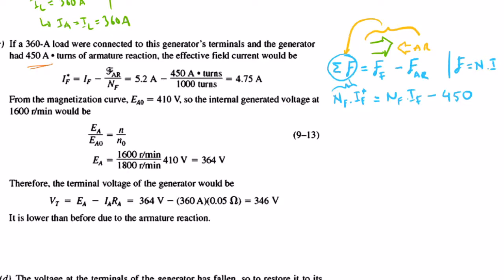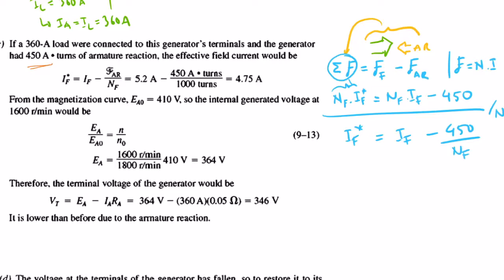Okay, and then if we divide all this by NF, you will get the effective field current IF equals IF minus 450 divided by NF.